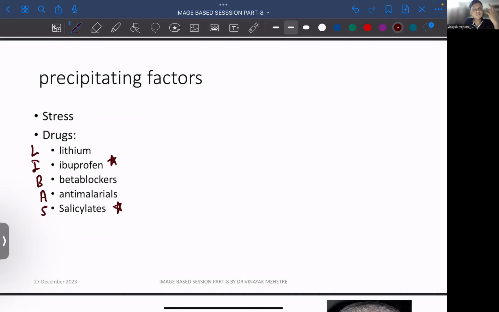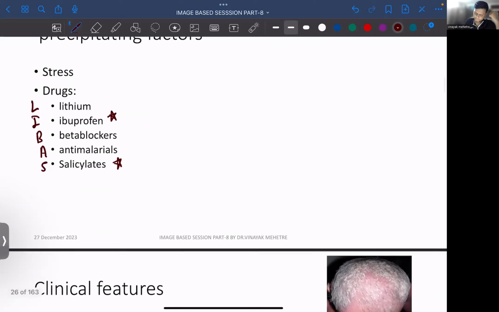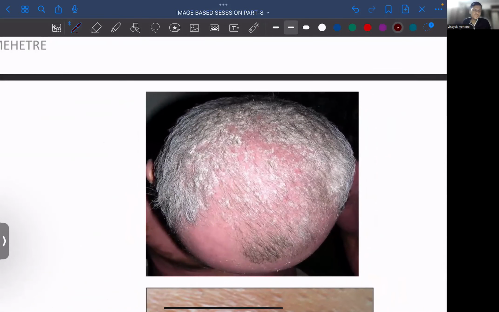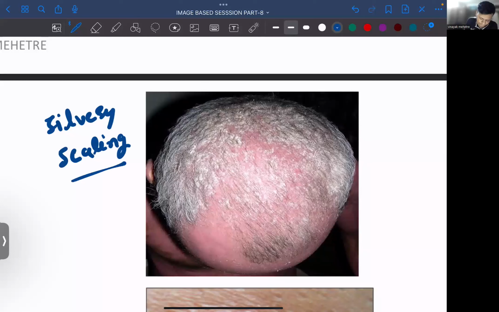Now, what are the clinical features of psoriasis? Anyone? You know it, I know this. What is going to happen over here? Scaling. Which type of scaling? It is silvery scaling, right?